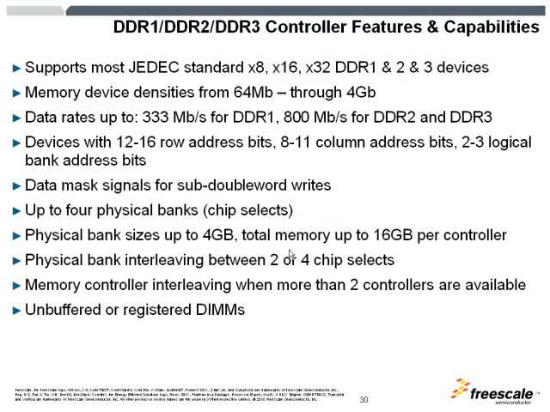So they all support JEDEC standards, and the memory device densities are supported up to 4 gigabit, and the data rate is supported. The data rate is different from device to device.